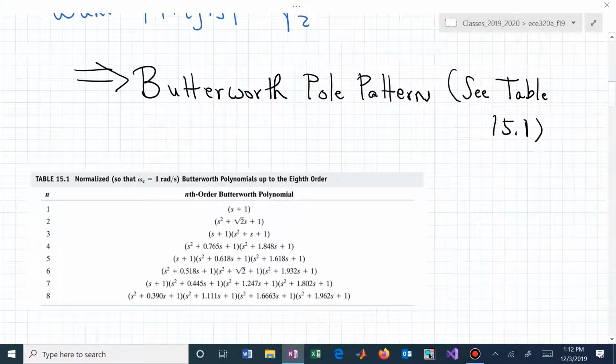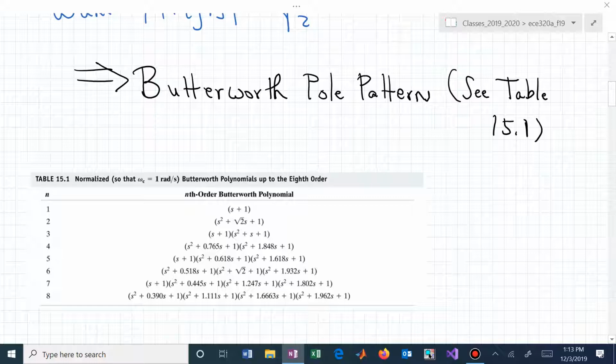Here's the polynomials, and you should have this also. Maybe you can do it on your calculator. These are the Butterworth pole locations. These are the factors that you would place in your denominator of a normalized low-pass filter if you wanted that filter to be of order n.